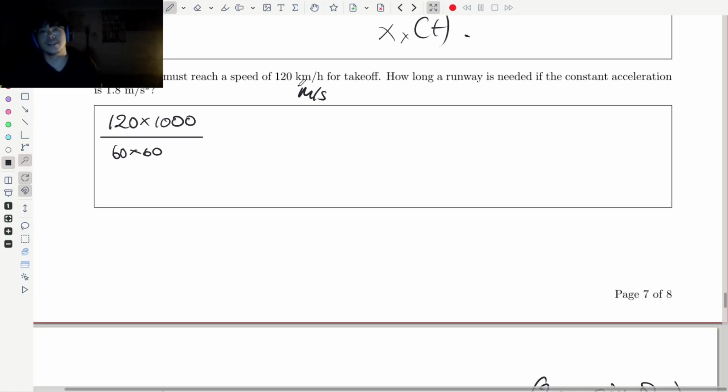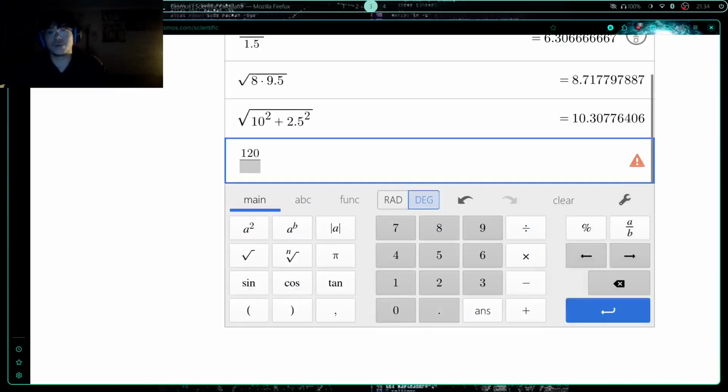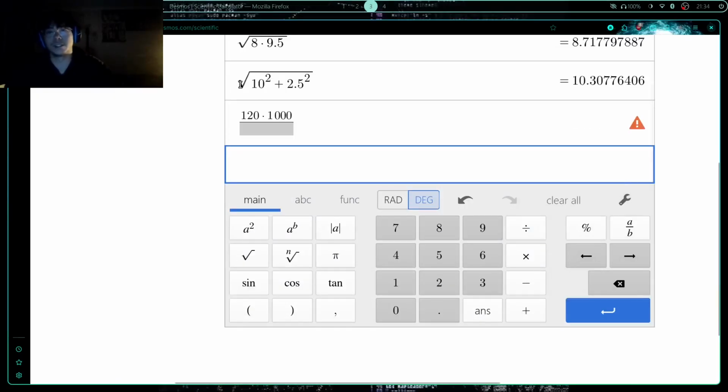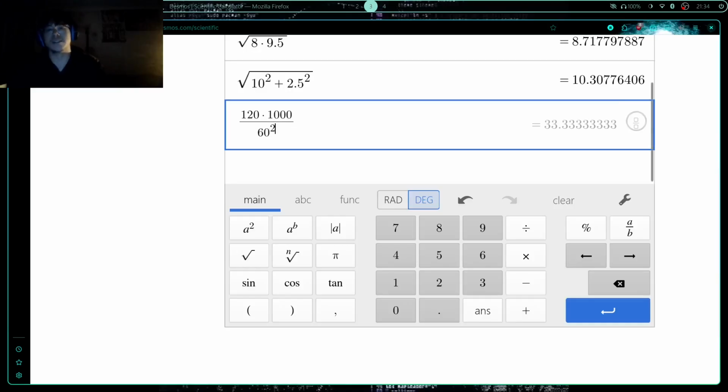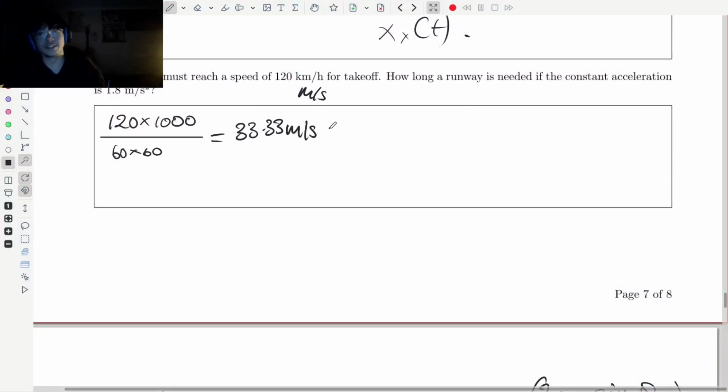So this is entirely equivalent to 120 kilometers per hour. I'm just changing the units. So we can use the calculator: 120 times 1,000 over 60 squared, we get 33.33 meters per second as our velocity.